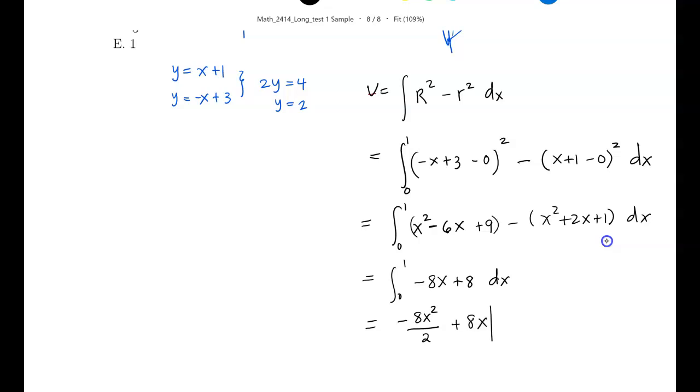Then evaluate that from 0 to 1. Now we can simplify this. That is equal to negative 4 plus 8. So the answer is 4.